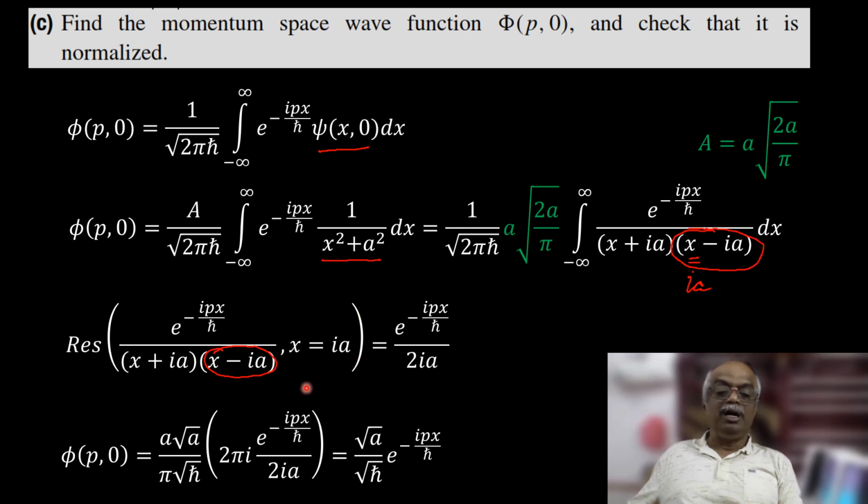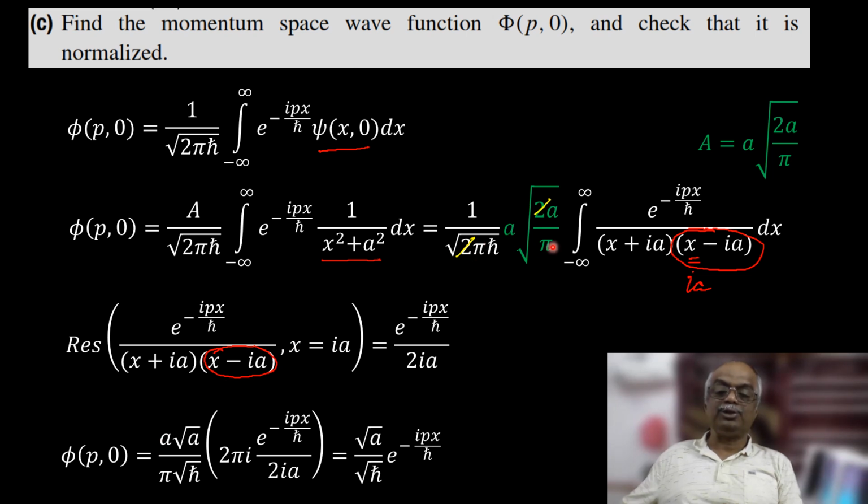Here we can reduce some of the constants outside the integral. What are the terms you can cancel? This square root of 2 will get cancelled with the other square root of 2, and square root of pi and square root of pi will become pi. I have taken a as it is.